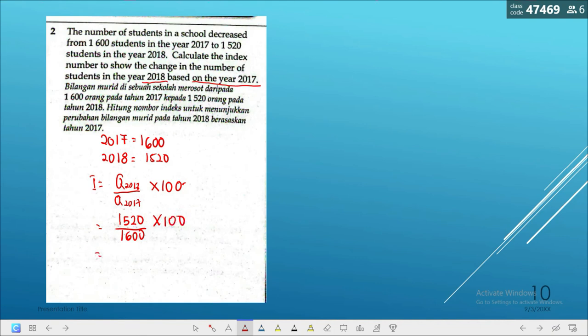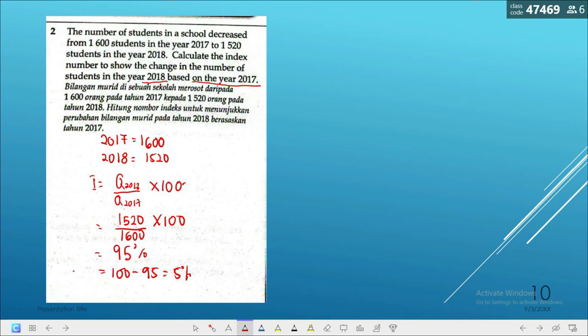Okay, so use the calculator. You will get 95. So this one is decreasing, right? So how many percent did it decrease? 100 minus 95, so it's actually 5%. It decreased by 5%.